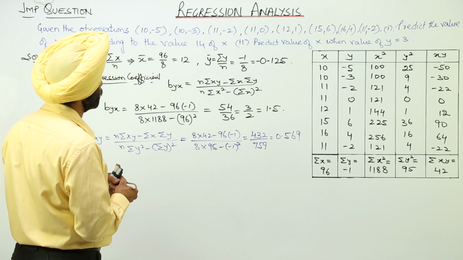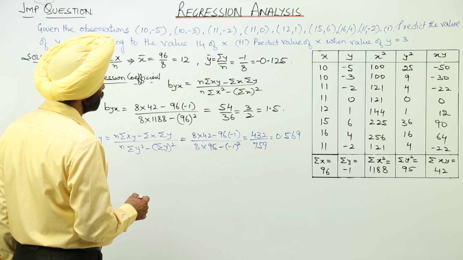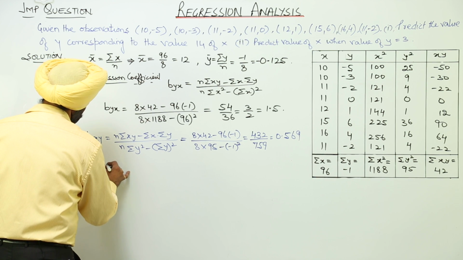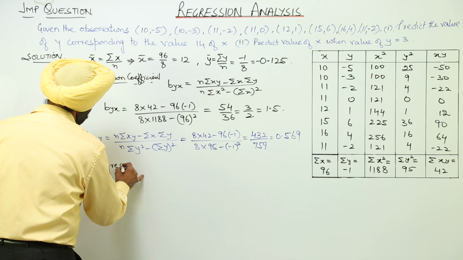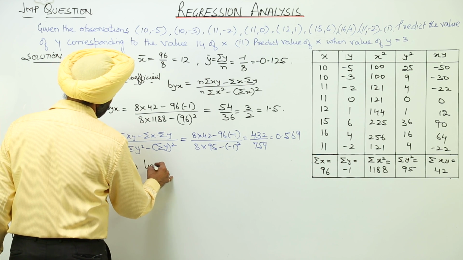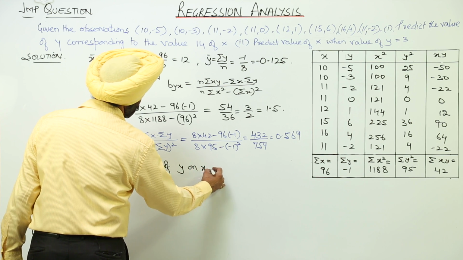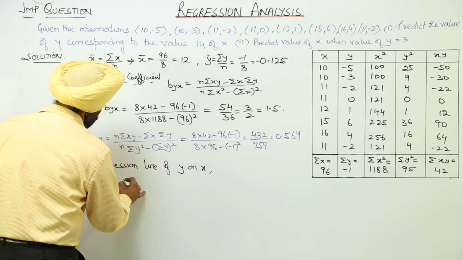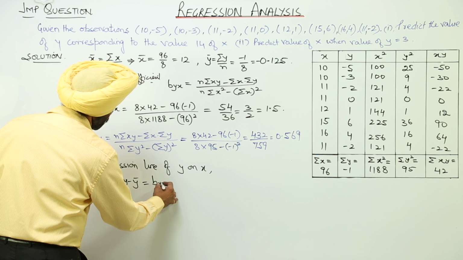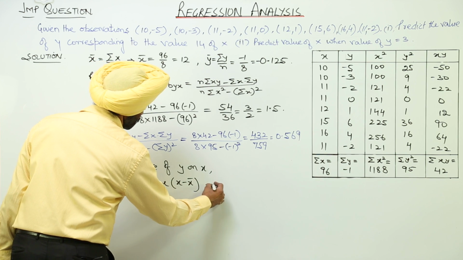Part 1: predict the value of y corresponding to the value 14 of x. Now, the regression line of y on x is y minus y mean equal to byx times x minus x mean.